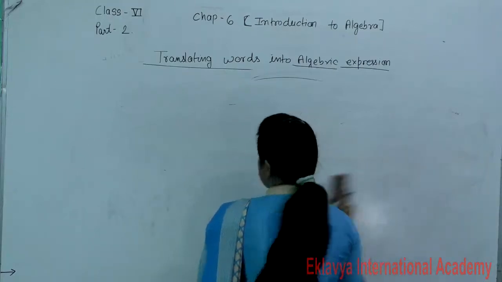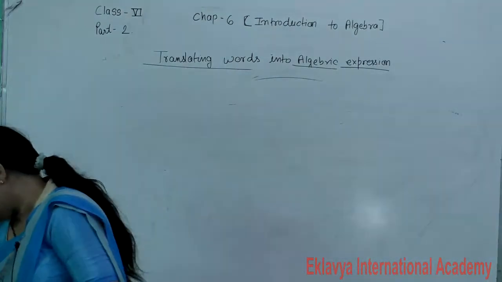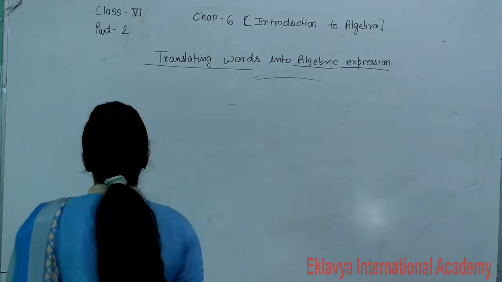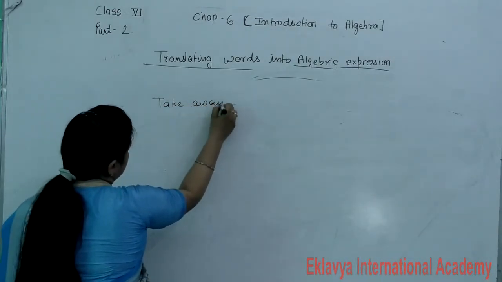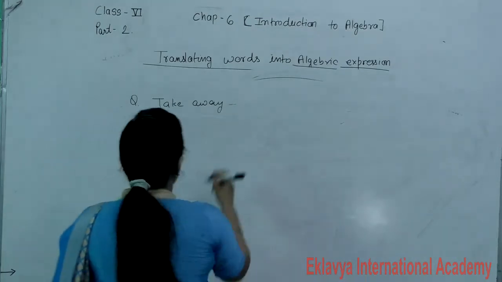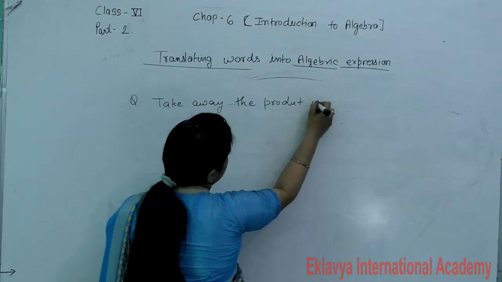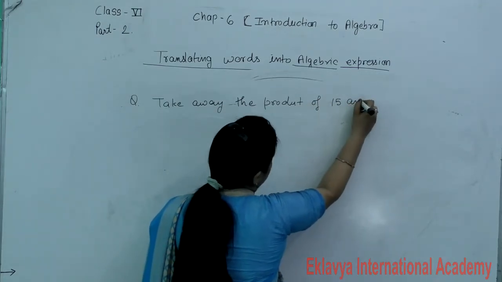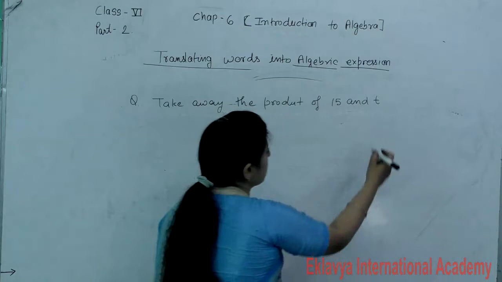Some questions you can solve from your book. It is given to you: take away the product of 15 and t from 60.